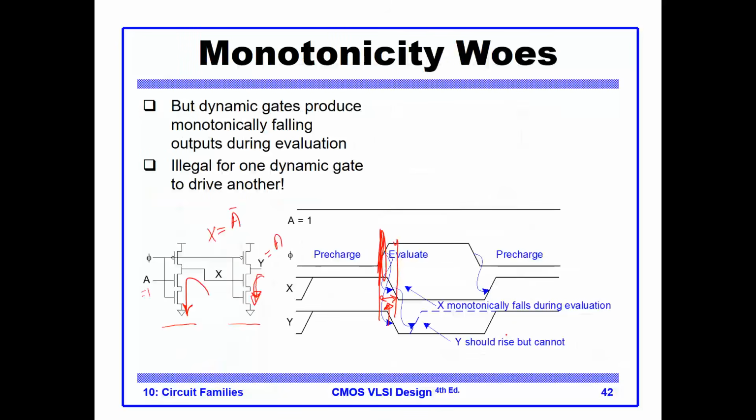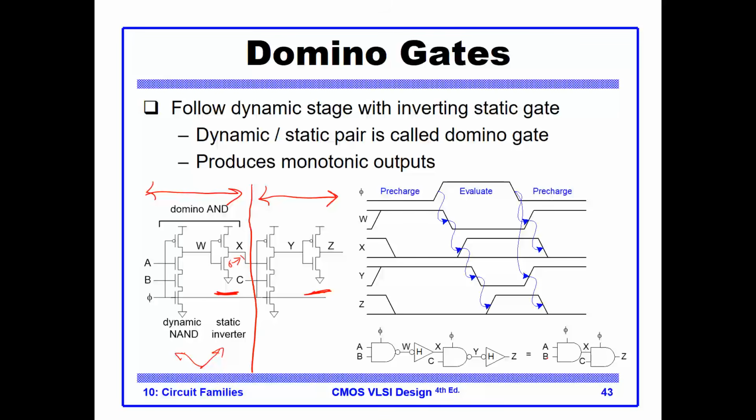Here, the transitioning that happened to X was, it was 1, and then it became a 0. This is illegal transitioning. What we are trying to do here in the next design, by adding this static inverter, is that if there is a transitioning to this input, it will be from 0 to 1, which is legal transitioning for the receiving dynamic gate. You can see that illustrated in this diagram. So this is the concept of domino gates.